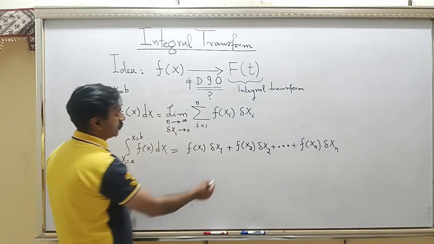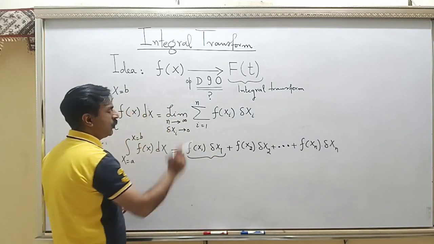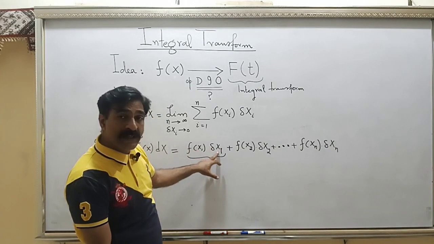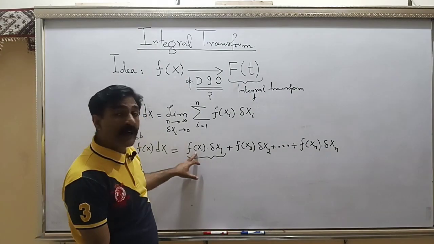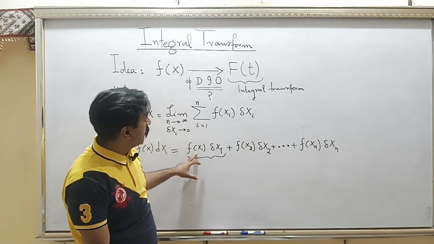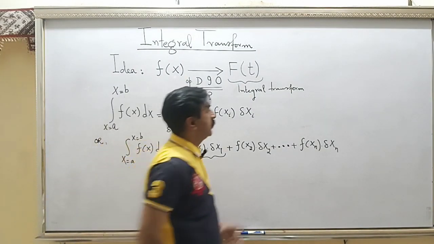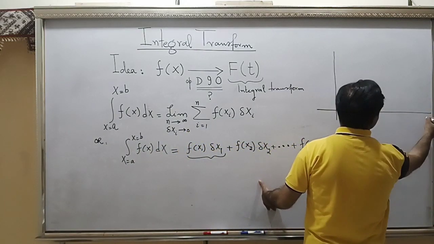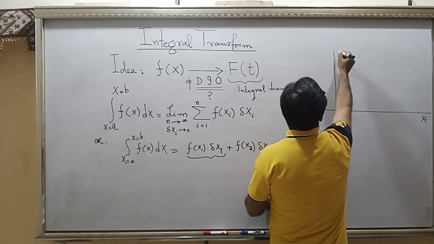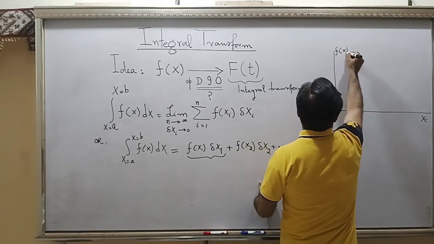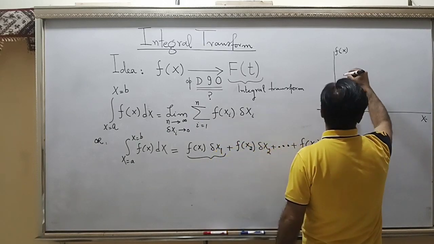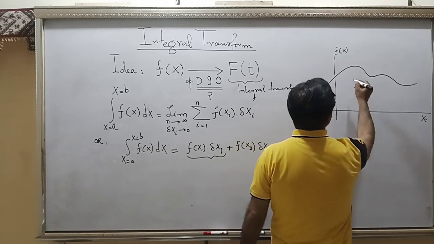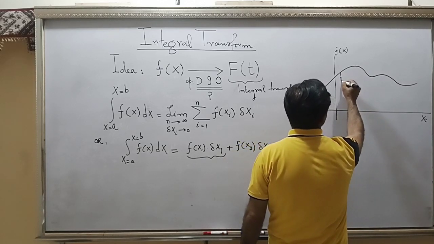Now what is this? You know, this is the area of the rectangle whose width is delta x1 and height or length is f(x1). You can plot this. This is your elementary calculus problem. This is the x-axis and this is the y-axis, which is f(x), and the graph of this function is, for example, this kind of thing, and you are integrating.